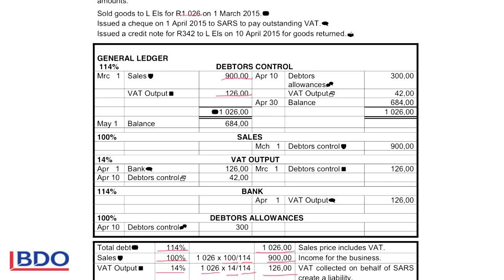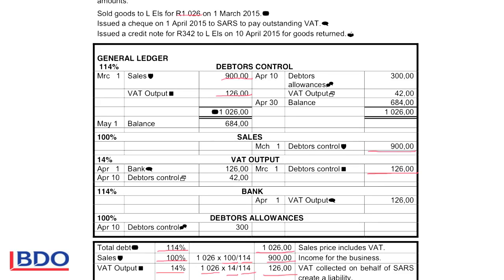The sales income account will be credited only with the amount that belongs to the business, the 900 Rand, and VAT output will be credited with the 126 to show that that is the amount that's outstanding and that must be paid to SARS.